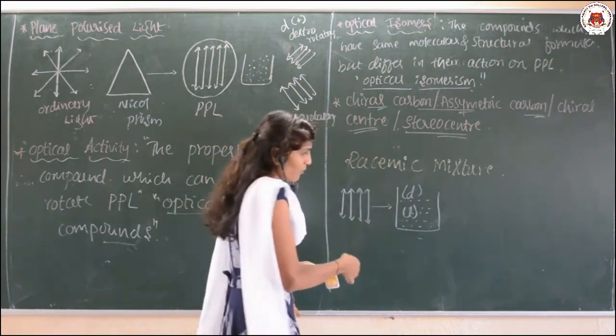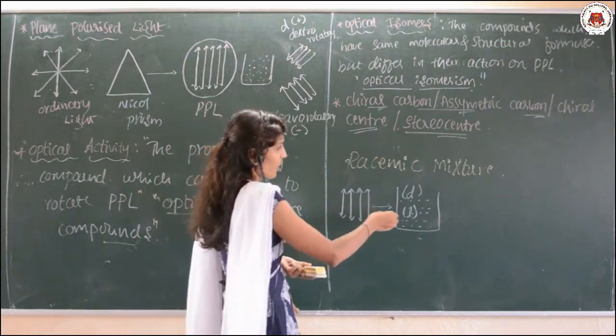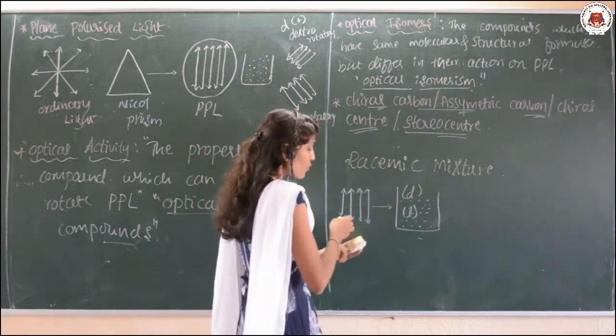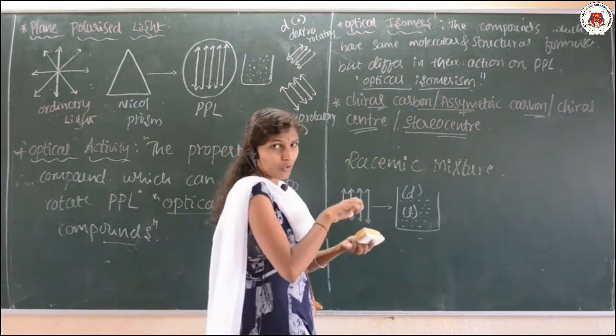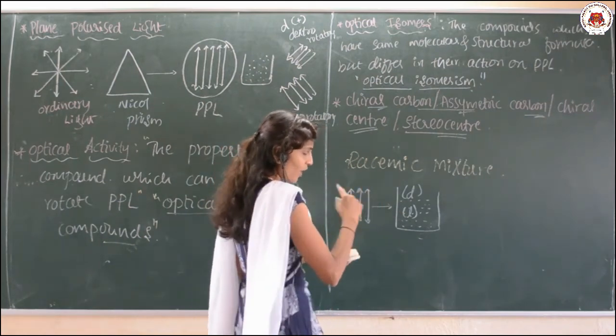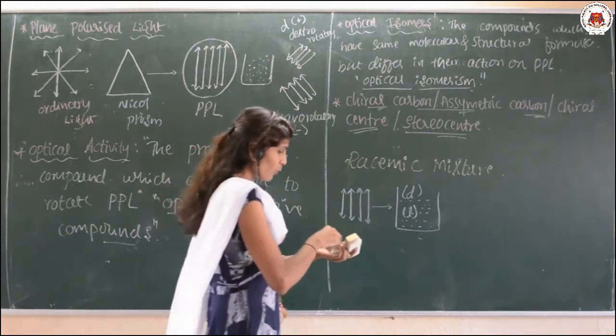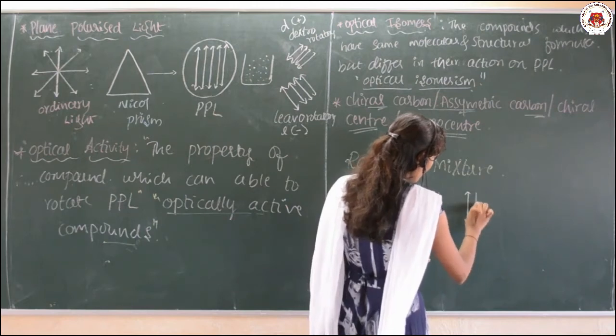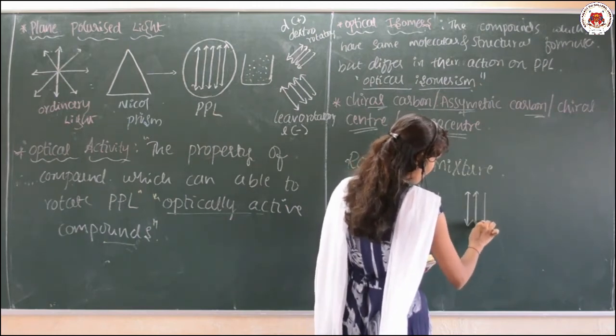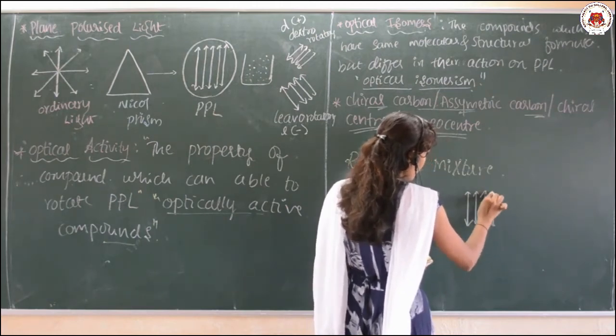It is a mixture of D and L. So what happens then? What about the rotation of the plane polarized light? Will it rotate clockwise or anti-clockwise? No, it will not rotate clockwise or anti-clockwise. It will remain the same. Why will it be the same? See here.